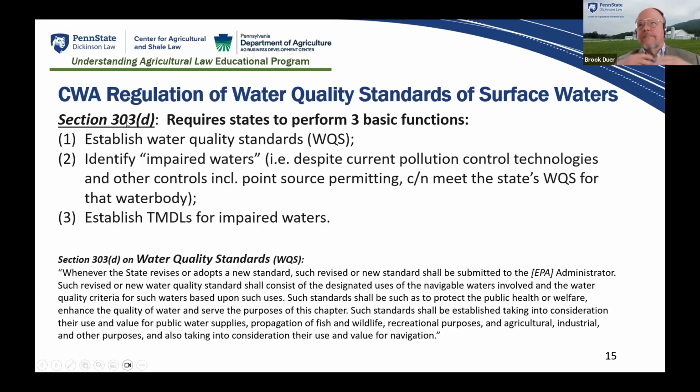Basically, there's three things that states have to do. And again, this is now, unlike the NPDES permitting system, which was all about point source discharge actors, shall we say, who are responsible for point source discharges. Sometimes they could be government, sewer treatment plants, etc. But of course, it's private landowners.